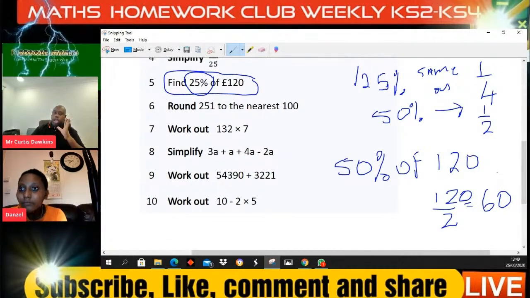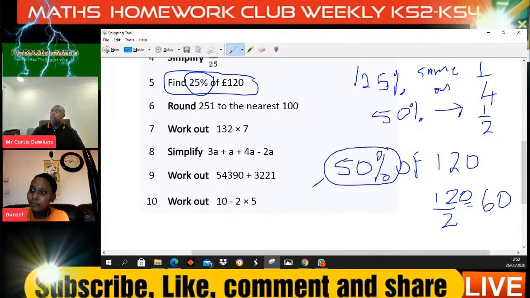Now, Denzel, I want you to reflect on this. What is half of 50? Half of 50 is 25.